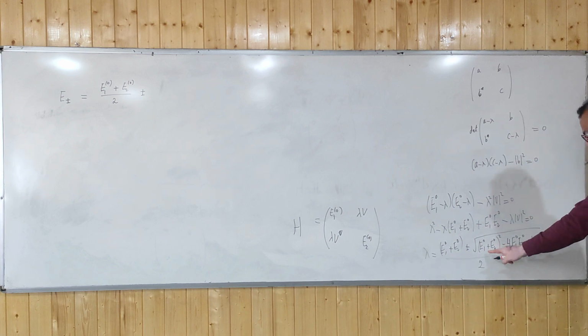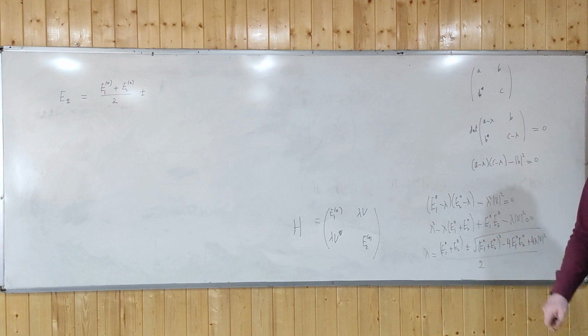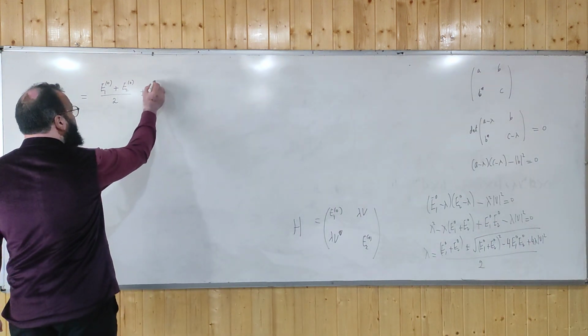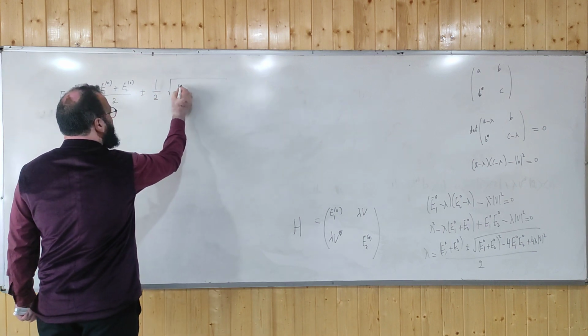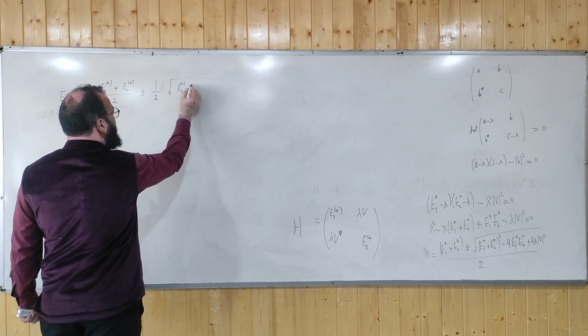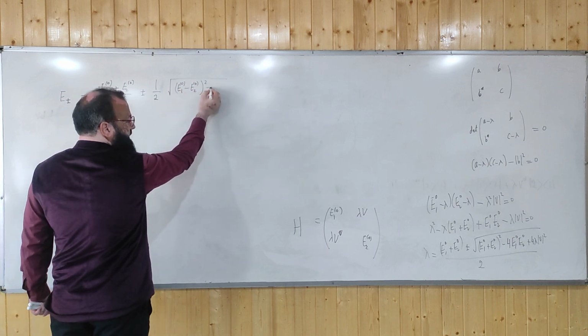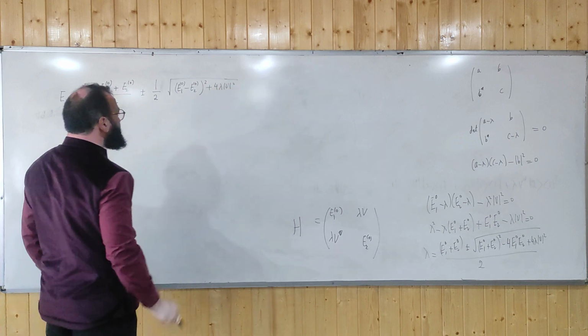Clear? Now E1 0 squared plus E2 0 squared minus 4 times this combine simply to E1 minus E2 whole squared. Therefore you have 1 by 2 root of E1 naught minus E2 naught whole squared, plus 4 lambda mod of V squared.